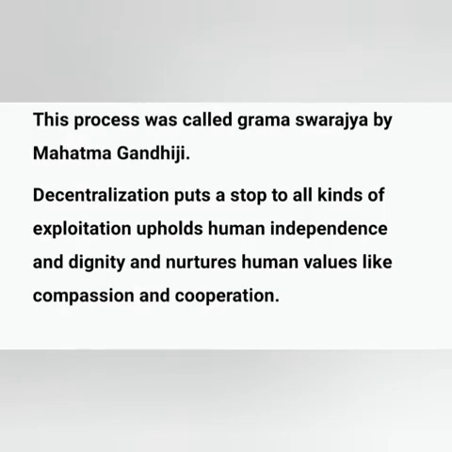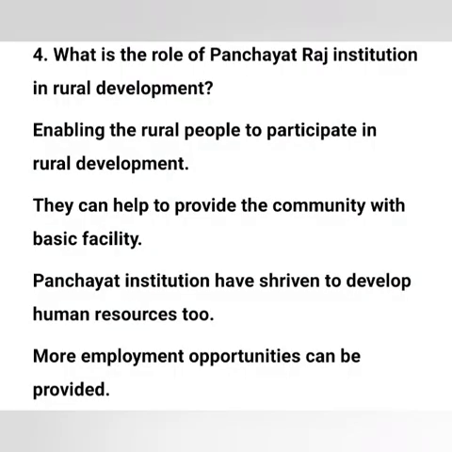This process was called as Grama Swarajya by Mahatma Gandhiji. Decentralization puts a stop to all kinds of exploitation, upholds human independence and dignity, and nurtures human values like compassion and cooperation.